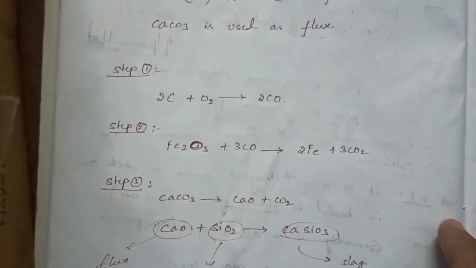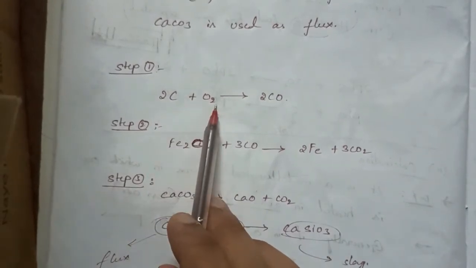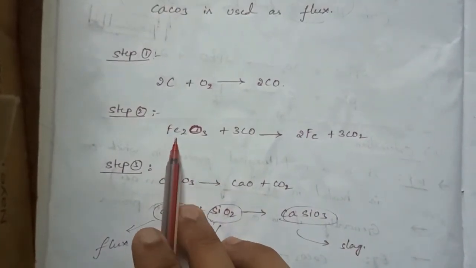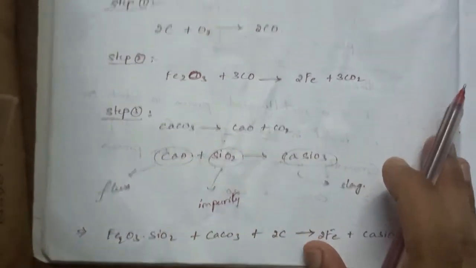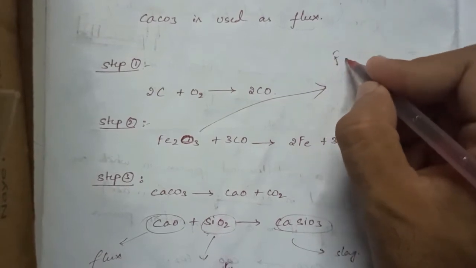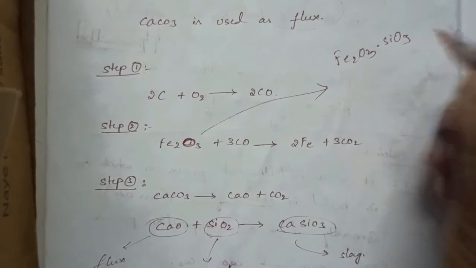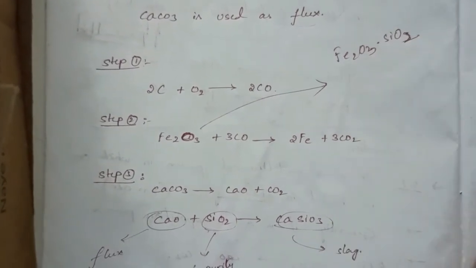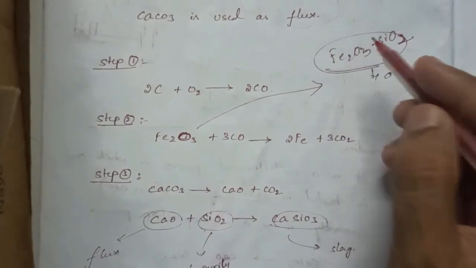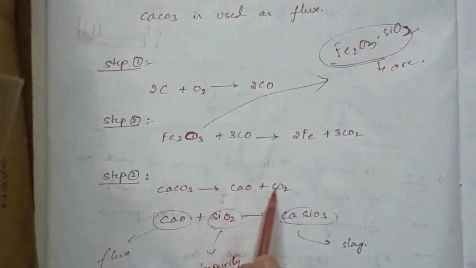The steps involved in the chemical process are, first, when the coke is heated, it reacts with oxygen and becomes carbon monoxide. Step 2, the iron ore is not in pure form, it is like Fe2O3 with SiO2. The ore is in this form. When this ore is reacted with calcium carbonate, the calcium carbonate first splits into calcium oxide and carbon dioxide.